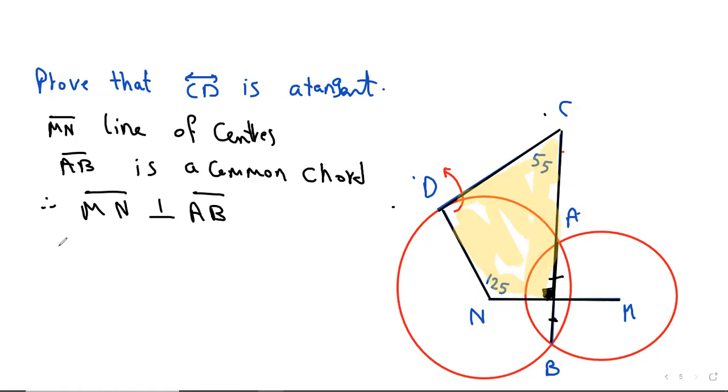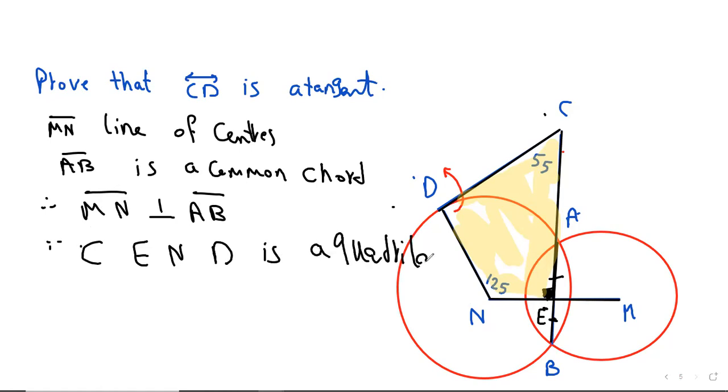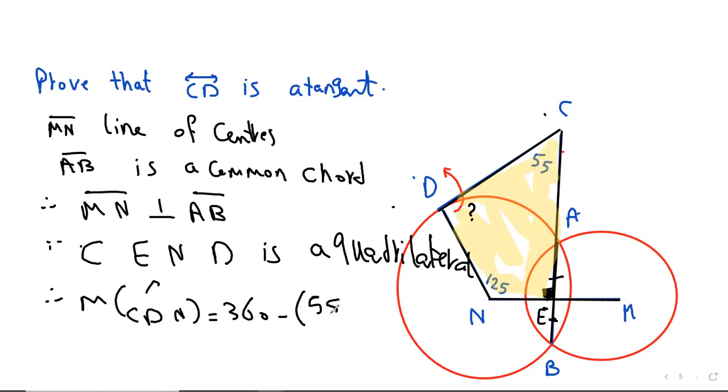So let's write here E. Since CEND is a quadrilateral, the measure of angle CDN, the missing angle, equals 360 minus the sum of the three angles: 55 plus 125 plus 90 equals 90 degrees. So this angle is 90.